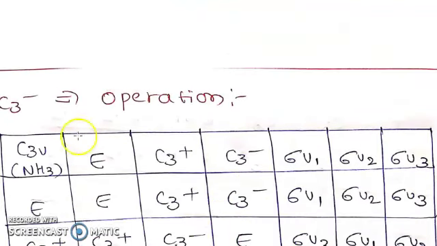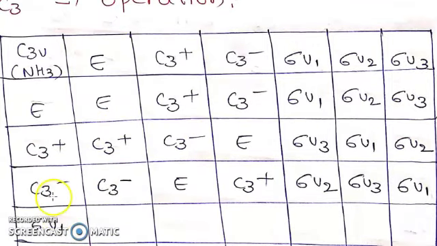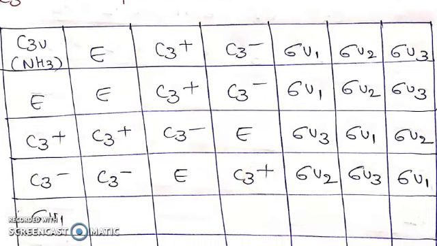Therefore, the C3- operation gives: C3- into E is C3- only, C3- into C3+ is E, C3- into C3- is C3+, C3- into sigma V1 is sigma V2, C3- into sigma V2 is sigma V3, and C3- into sigma V3 is sigma V1 only.